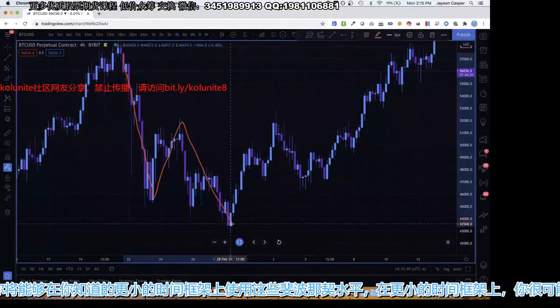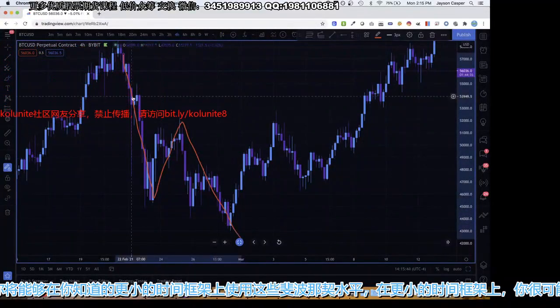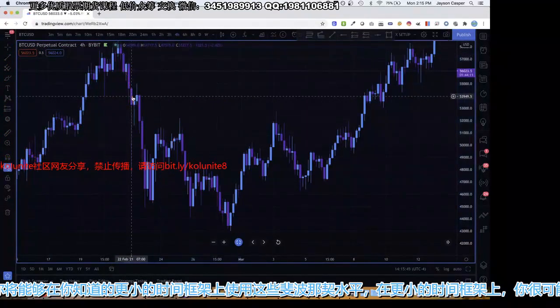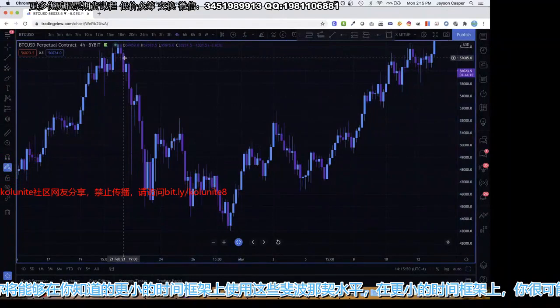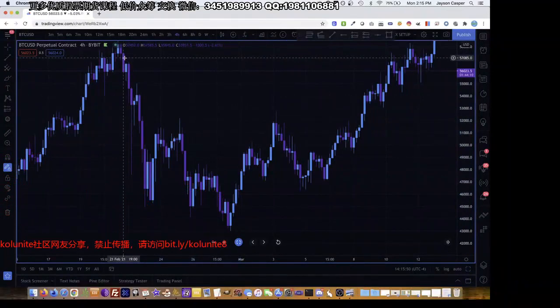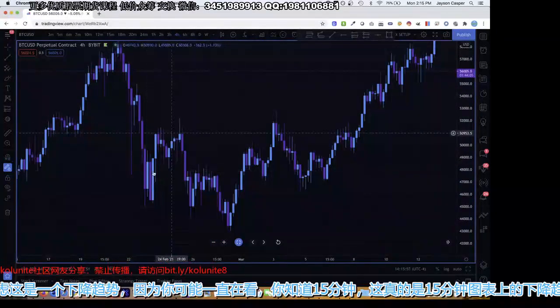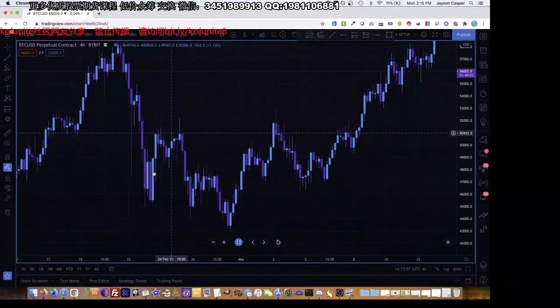And of course, depending on what time frame you're looking at, you will be able to use these Fibonacci levels on smaller time frames. On a smaller time frame, you very well could have used your Fibonacci retracement tool and considered this a downtrend, because you could have been looking on the 15-minute, and this really would have been a downtrend on the 15-minute chart.